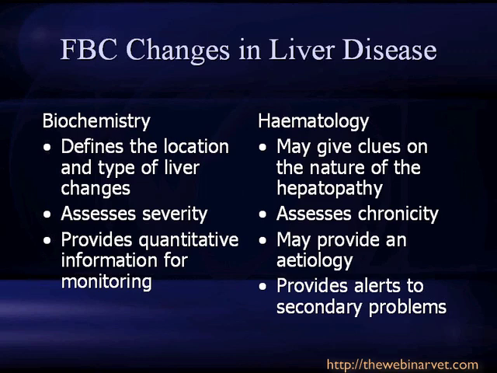So it may occasionally give us an etiology. Sometimes it'll give us nothing, but sometimes it'll give us a clue to chronicity, because we'll simply find there's a non-regenerative anemia there, suggesting that that's been there for a while, or that pattern I talked about before of microcytosis without anemia. And occasionally it will flag us up that something bad is happening in terms of other changes like the development of DIC, which can be a complication of liver disease in some cases.